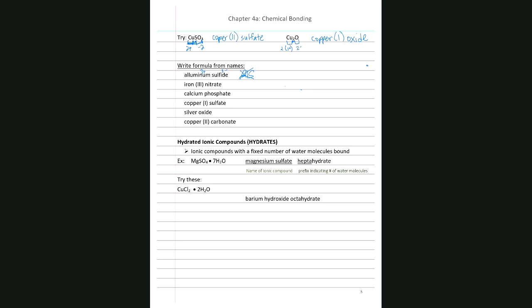All right, if we're combining the two of those, what ratio will we have? What numbers will we have on the aluminum and the sulfur? It'd be Al2S3.